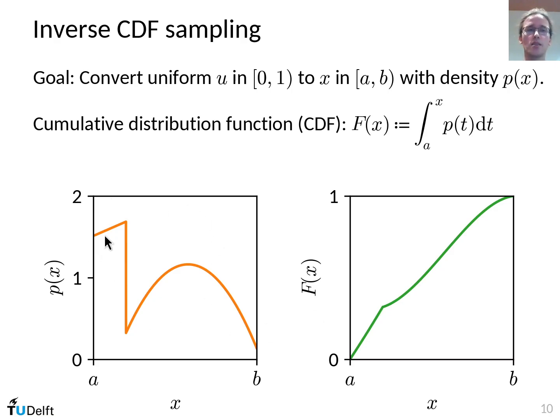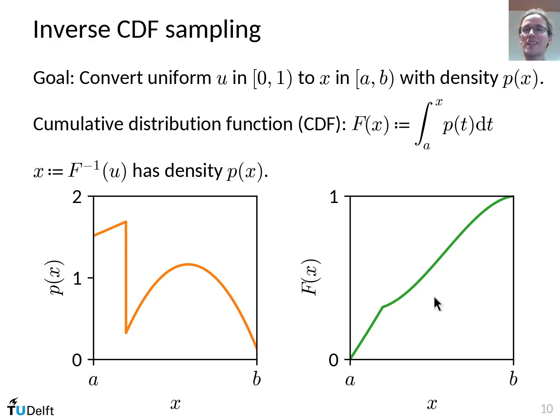So you can see here we have large values in the density and the CDF is growing quite quickly. Here we have smaller values, so it's not growing as quickly. So the CDF is the integral of the density, and vice versa, the density is the derivative of the CDF.